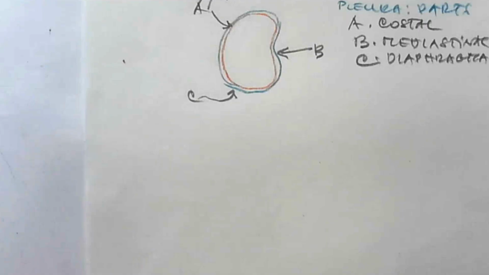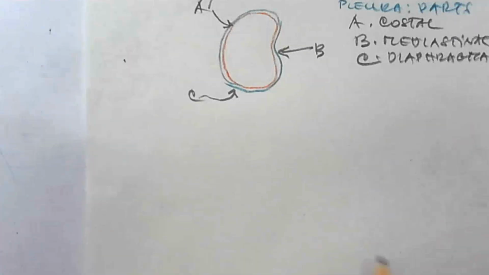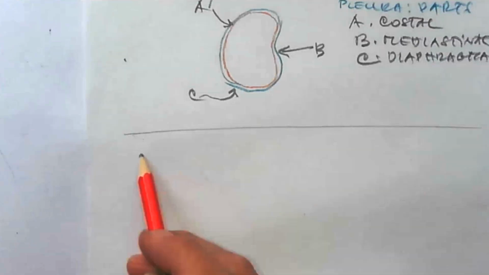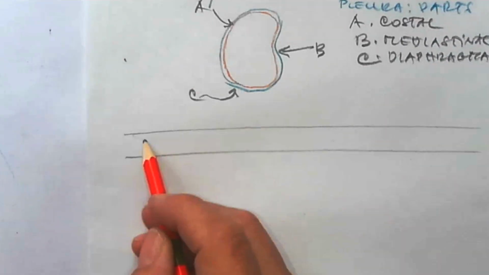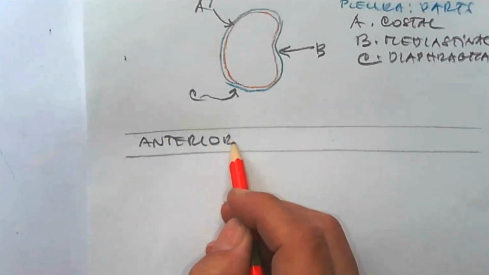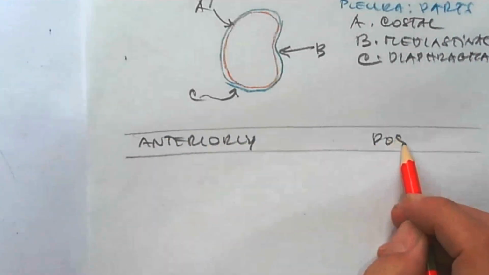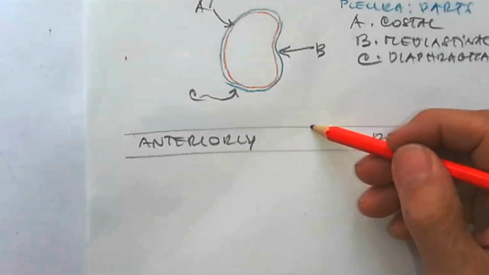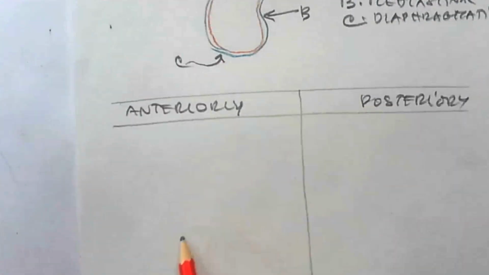So this was one thing, projection to the wall, and then starting with a simple diagram of projection. What we need? We need two lines, anteriorly and posteriorly, dividing into columns.